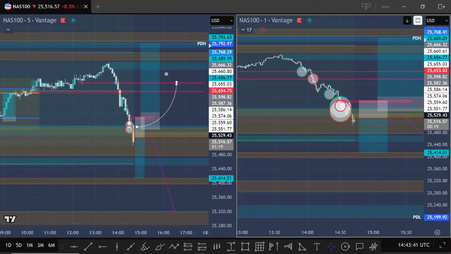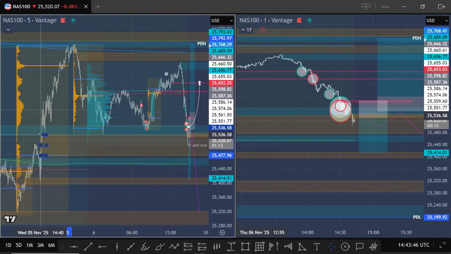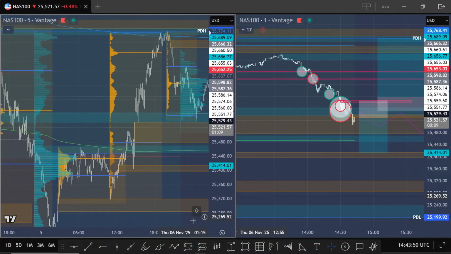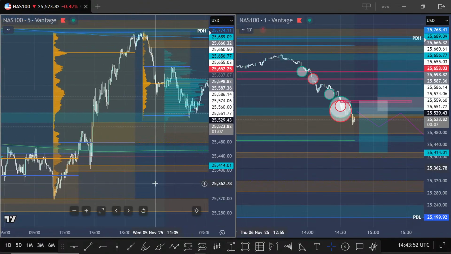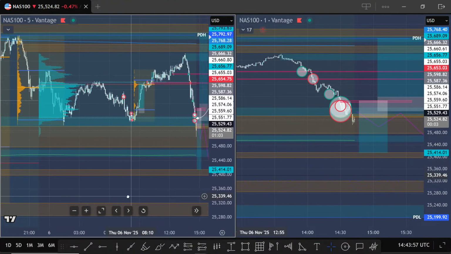I'm not going to do this because although we have broken out, we are still in the low volume node from over here. Look at all of this here, it's a big low volume node, and that invalidates this sell at the moment for me.